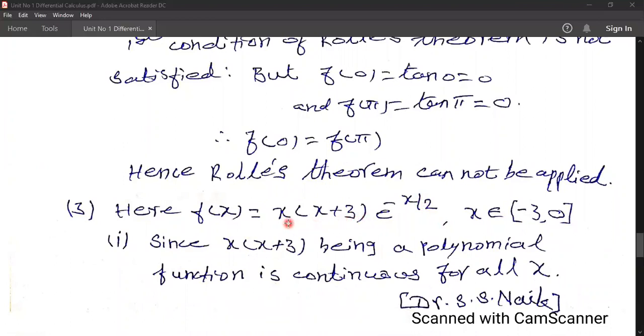Now, x and x plus 3 together form an algebraic function, and e to the power minus x by 2 is an exponential function.